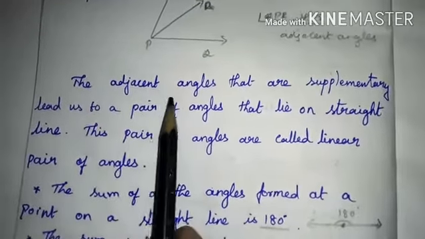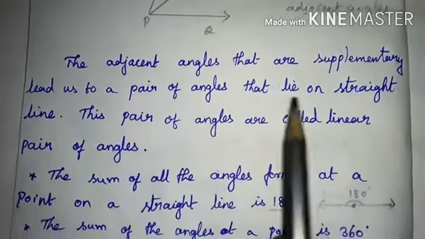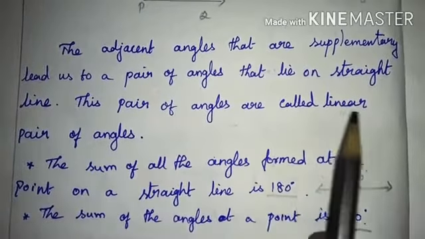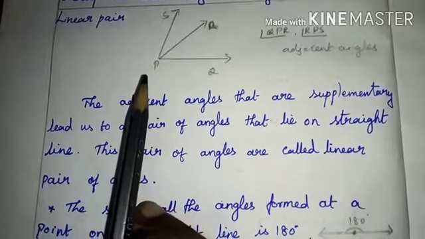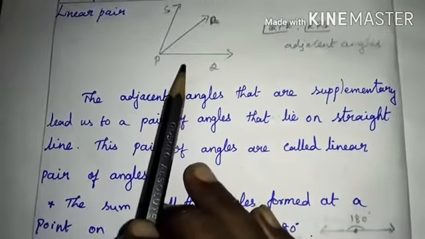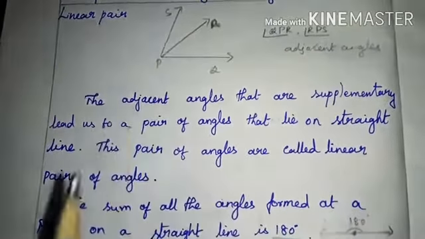That is, the adjacent angles that are supplementary lead us to a pair of angles that lie on a straight line. Then this pair of angles is called a linear pair of angles. That is, when the sum of two adjacent angles is equal to 180 degrees, then we call those two angles a linear pair of angles.